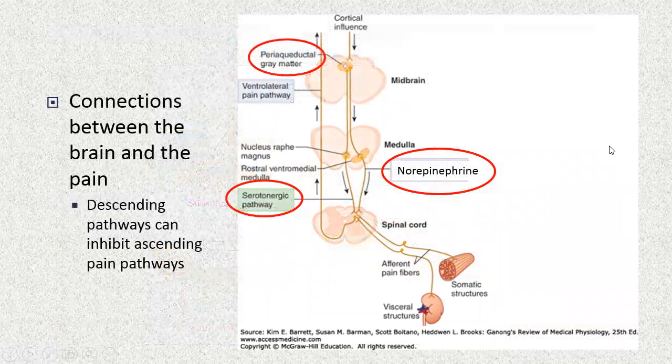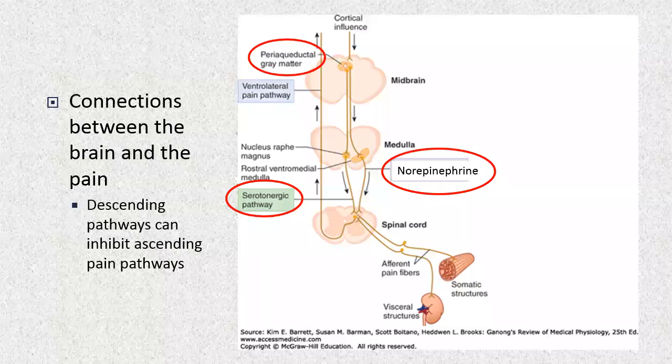However, that doesn't mean that more complicated things don't happen with our perceptions of pain. That goes all the way up to mid-levels of the brain itself, and a lot of this is driven through descending modulatory pathways.